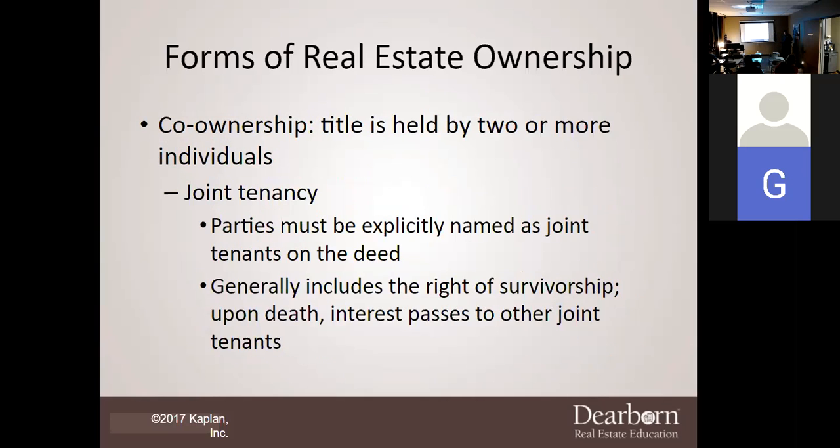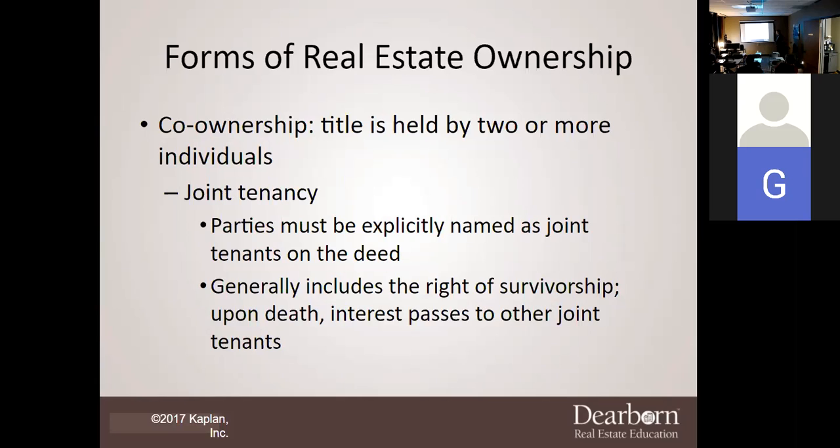Now, another one is called joint tenancy. Okay, this is the second form of co-ownership. Joint tenancy is where the parties must be explicitly named as joint tenants on the deed. These often will include right of survivorship upon their death, and the interest will pass to the other joint tenants. So Mr. Wyatt, Mr. Justin, and Mr. Stefan, we three own a business together, a building, we'll say.